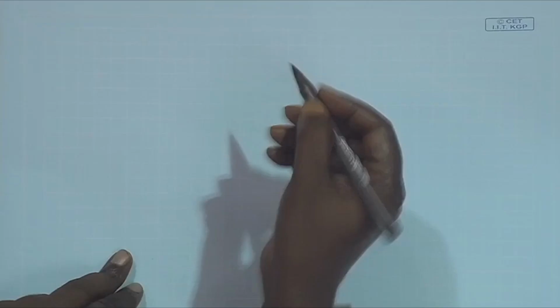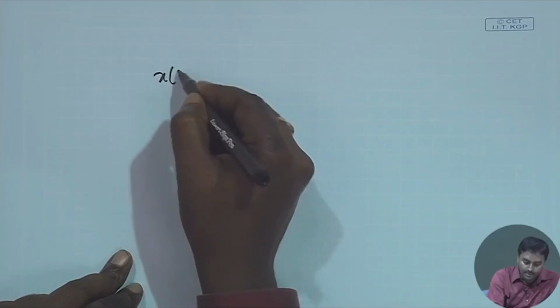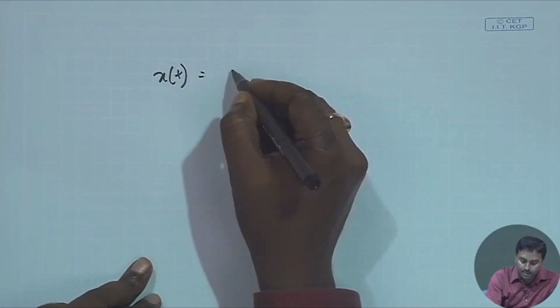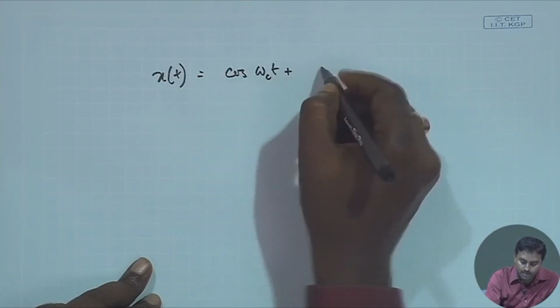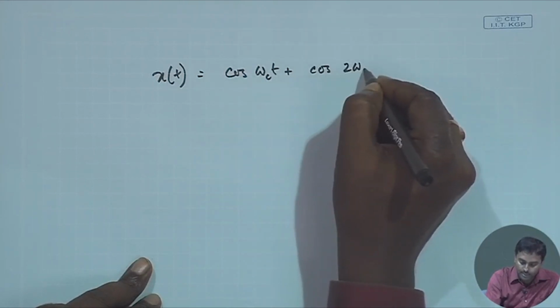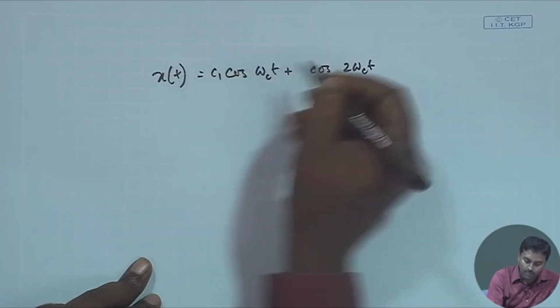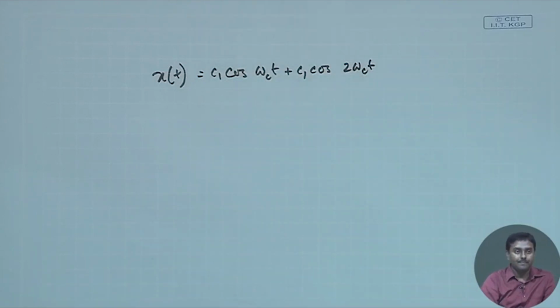Here I would like to point out there are two different things. Suppose we have a signal and we give it a delay. Let us say I have a signal x(t) with two frequency components, c1 cos(omega_c t) plus c2 cos(2 omega_c t), with some coefficients c1, c2.